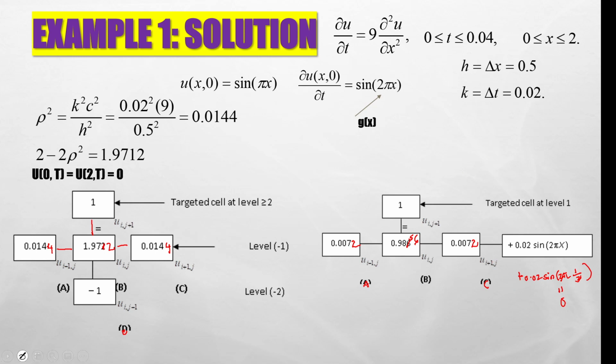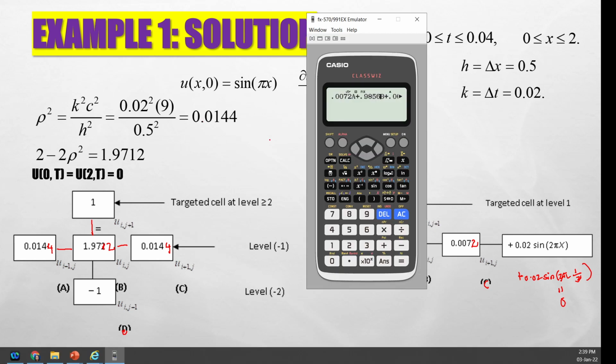But the correct step is what I need to show you. We need to add up this step, C, and then here plus 0.02 sin 2 pi x.